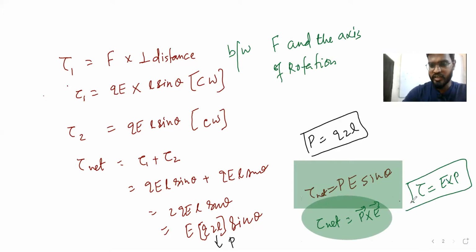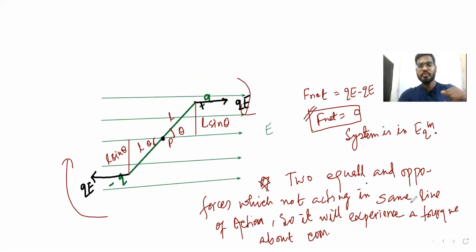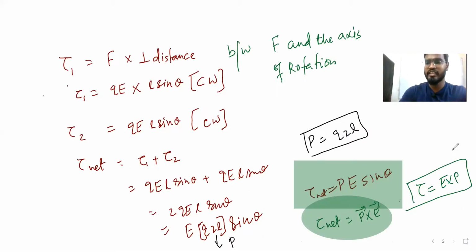Let's see. E cross P, if you are writing, then you are going anti-clockwise, right? Opposite of torque. P cross E, you are writing, dipole moment is from negative to positive, like this direction, right? So P cross E, but E cross P is opposite of torque. So we cannot write this one. We can write only P cross E.